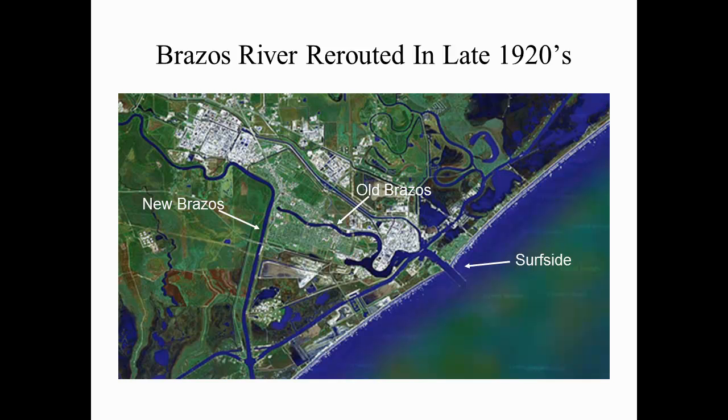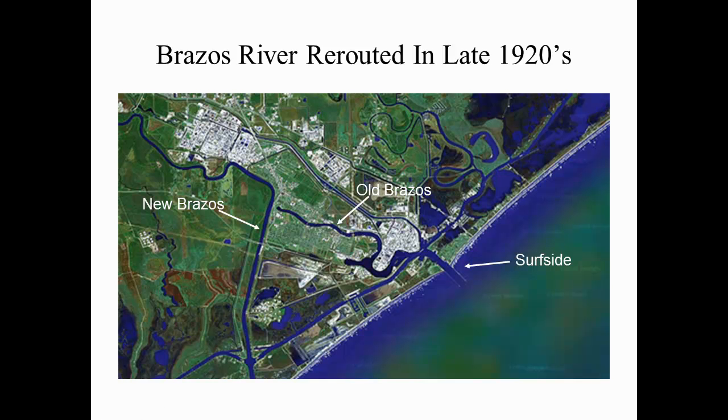Notice in this photograph the path of the old Brazos River prior to 1920, which emerged at Surfside. But then in the 1920s, the Army Corps of Engineers rerouted the Brazos to its new route further towards the west.